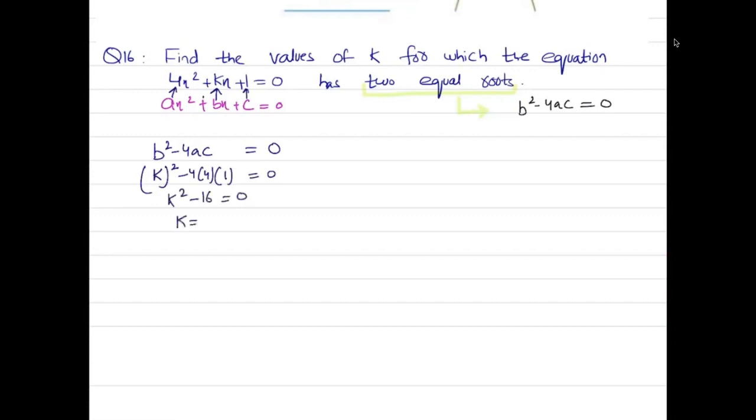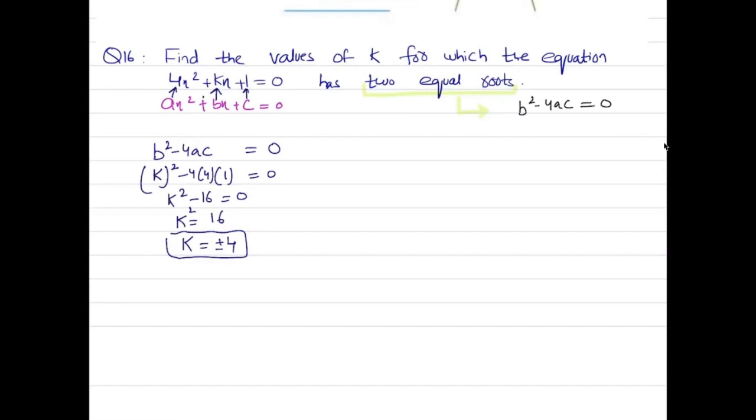So what are the values of k? k square equals 16 and k equals plus minus 4, right? Plus minus 4. So this means that for these values of k, you're going to have real and equal roots. Does this make sense? Yes, okay, sir.